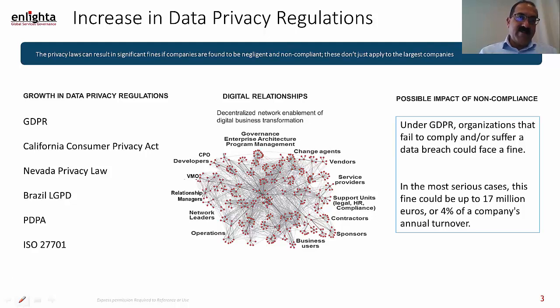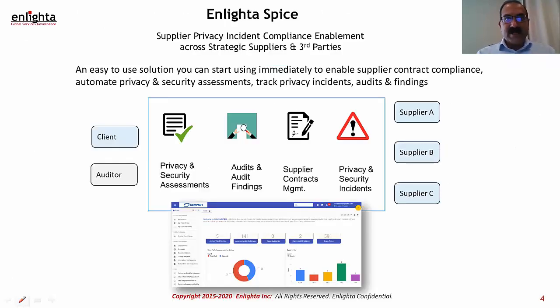So we are a tools company, and we looked at this, and we've invested in building out a very easy to use, low cost offering called Enlighta Spice, mainly for those mid-sized organizations where there is a need.